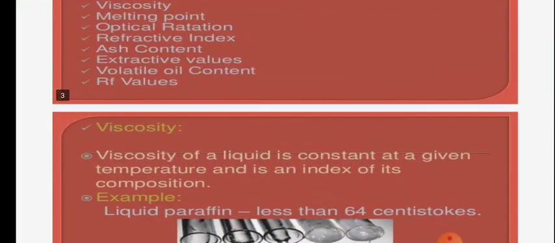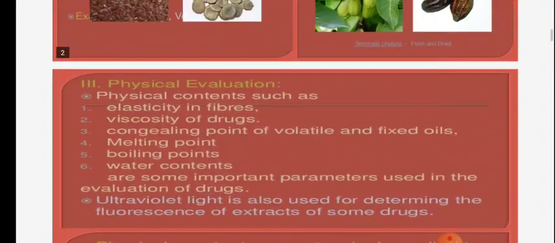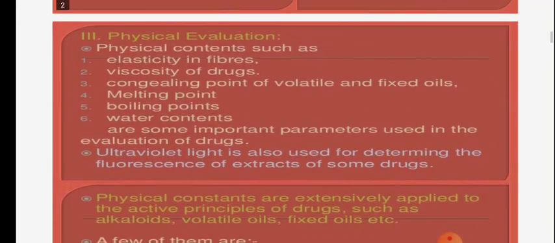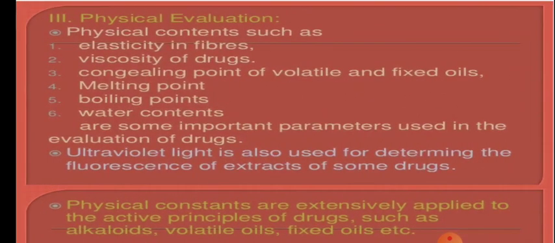In the physical methods, firstly we look at the physical elasticity of fibers, viscosity for liquid drugs, coagulating point of the volatile and fixed oils, melting point, boiling point, water content, and these different parameters are used.